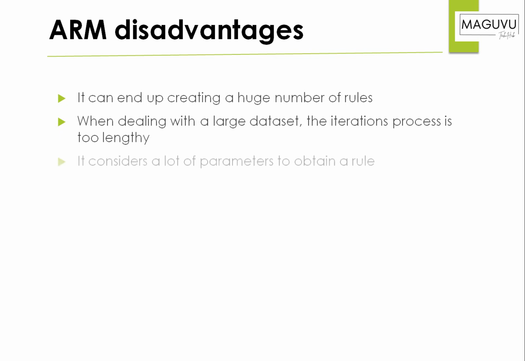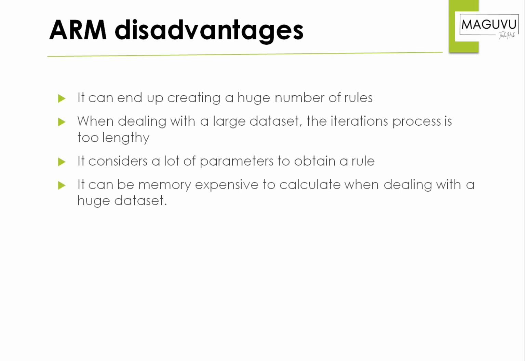And if it is too lengthy and there are a lot of parameters to be considered, it also means that this algorithm can be memory expensive in terms of its calculation. And some of these rules end up not being of greater importance, right?